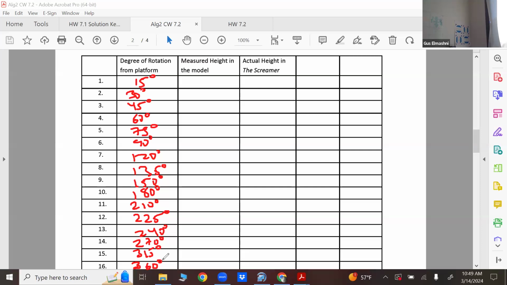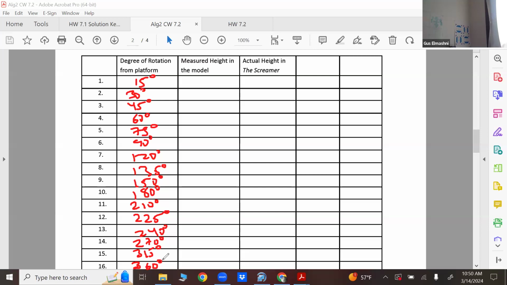And I'm gonna measure it from the box, which looks like it's about 0.3, if I'm not mistaken. And actually, let me make sure.